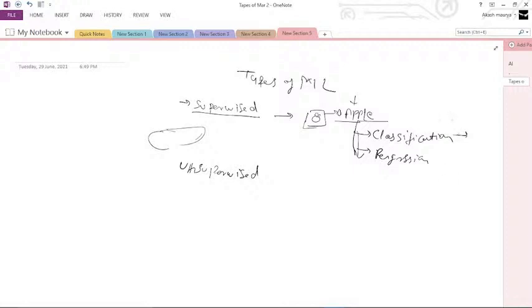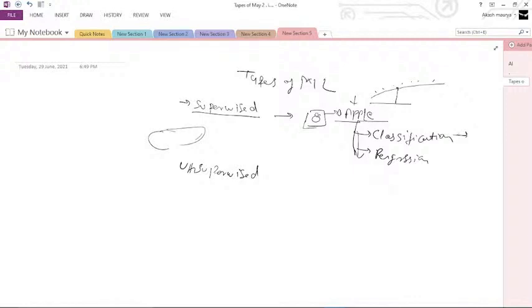And regression task. In a regression task, let's say we have some trend or some data, and we have to fit them with some curve, and if we have some missing data in the middle, we can predict it with the help of this prediction curve. This is called a regression model.